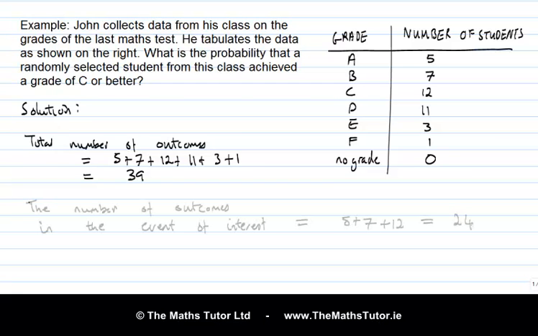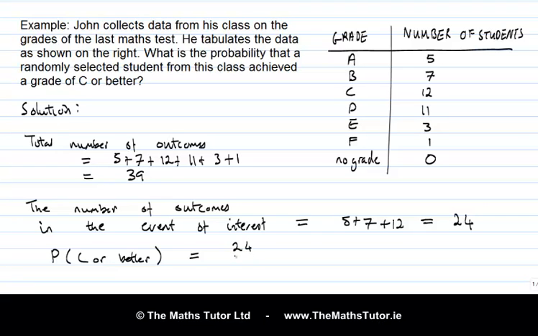So the number of outcomes in the event in which we're interested is 5 plus 7 plus 12, which is 24. So the probability of a randomly selected student achieving C or better is 24 over 39. And we can cancel a 3 there and get 8 over 13.